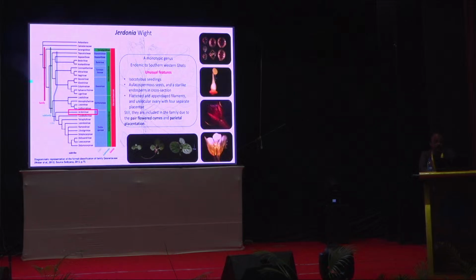My student Ms. Vahida is presently working on the floral ontogeny as well as other mechanisms of this particular species to give more insight into the mechanism of reproduction also.